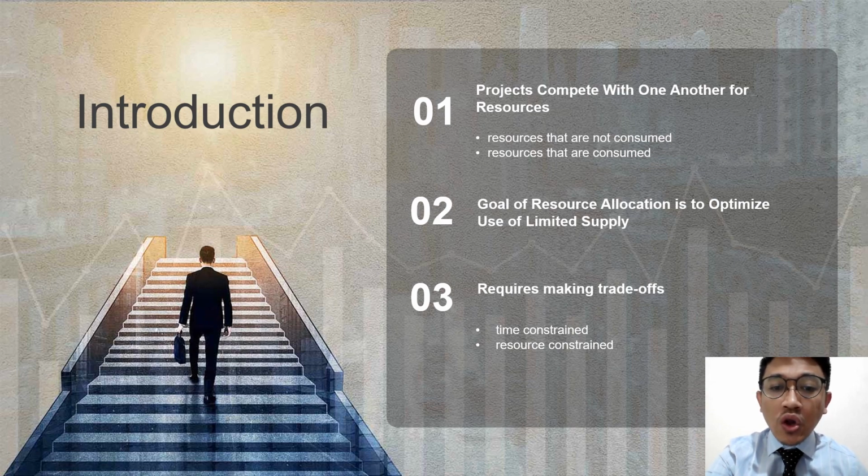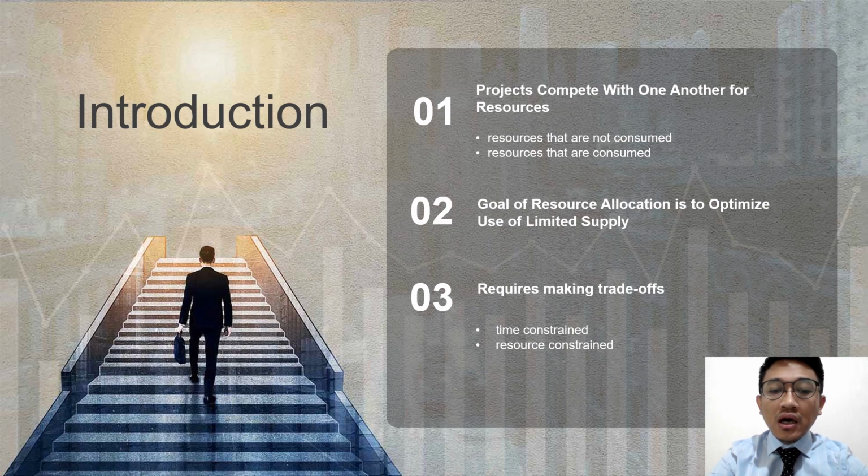These resources, whether they are tangible assets or human capital, exist within a finite supply, creating a scenario where projects contend for their utilization. Resource allocation encompasses the strategic distribution and management of these resources, addressing two primary categories: those consumed during project execution and those that remain unconsumed or available for future use.